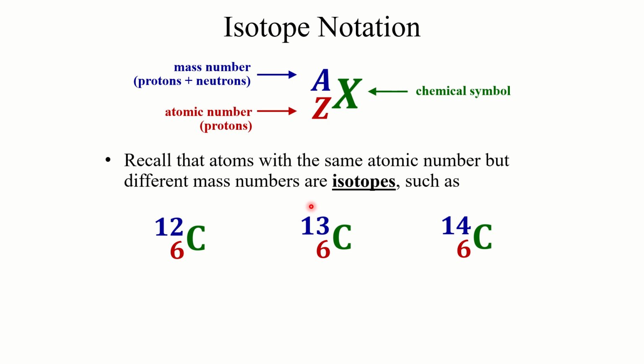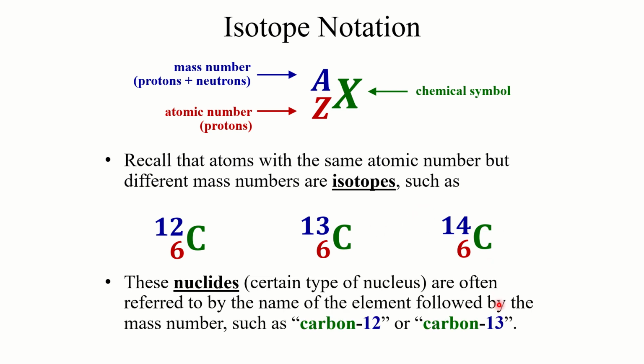I also want to remind you that atoms that have the same atomic number but different mass numbers are isotopes, such as these three isotopes of carbon. These can also be referred to as nuclides, where nuclide just means a certain type of nucleus. Nuclides are often referred to by the name of the element followed by the mass number, so we could call these carbon-12, carbon-13, and carbon-14.